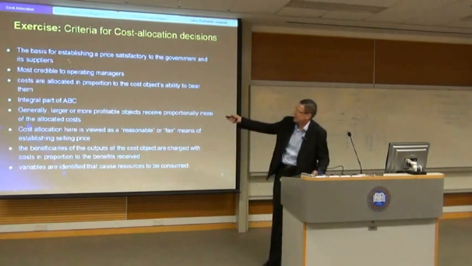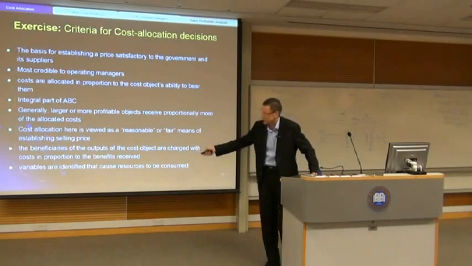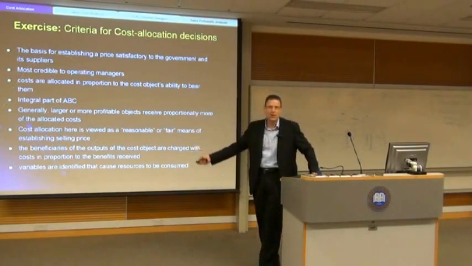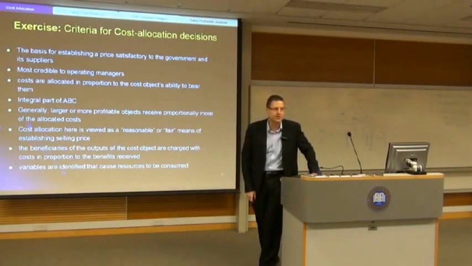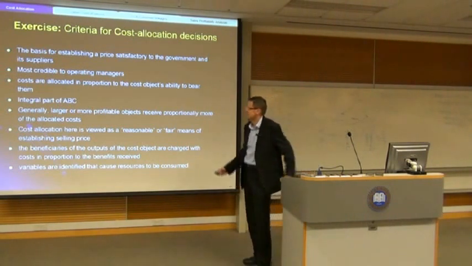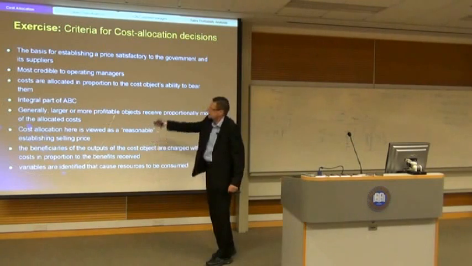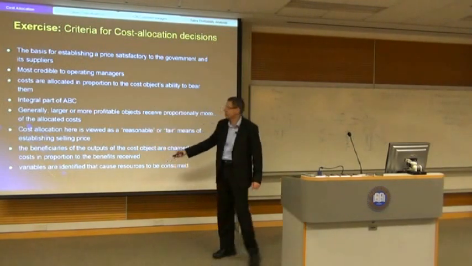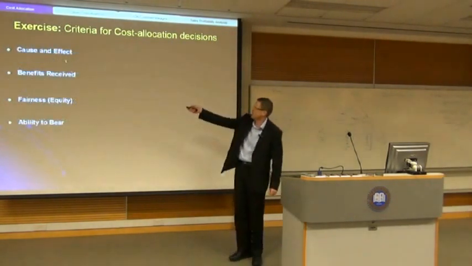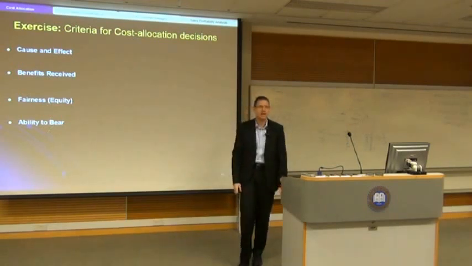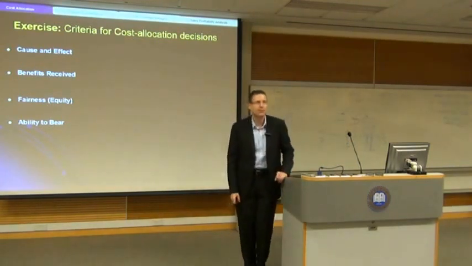So here are some examples of that criteria. What I want you to do in groups of 2 is to try and match these examples onto these 4 criteria. And let me explain these 4 criteria briefly.